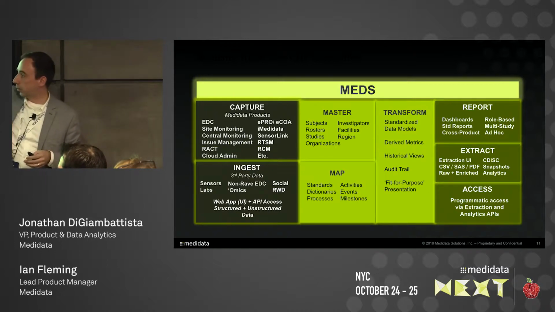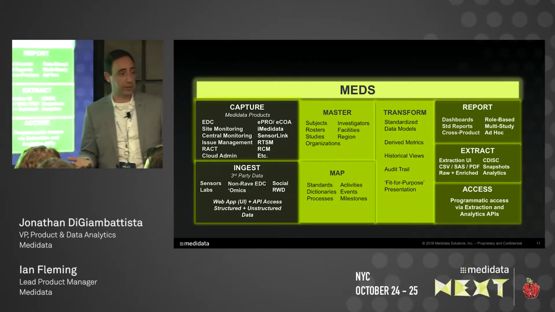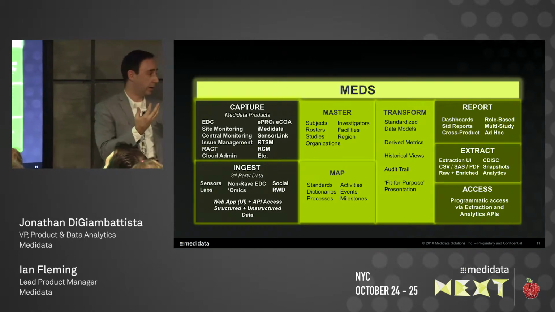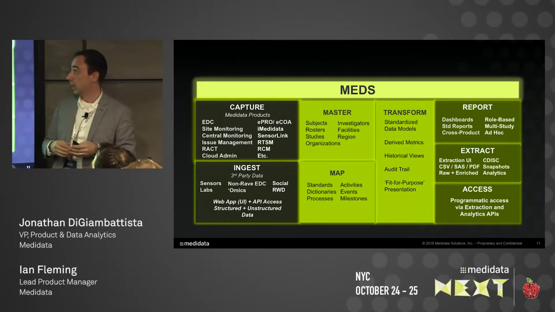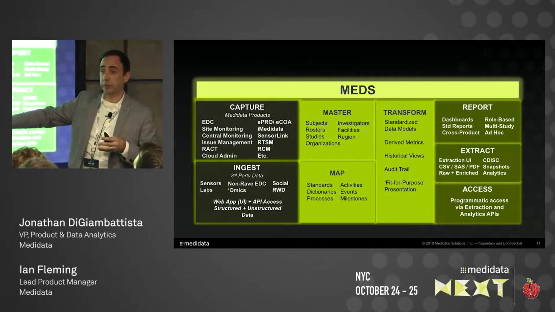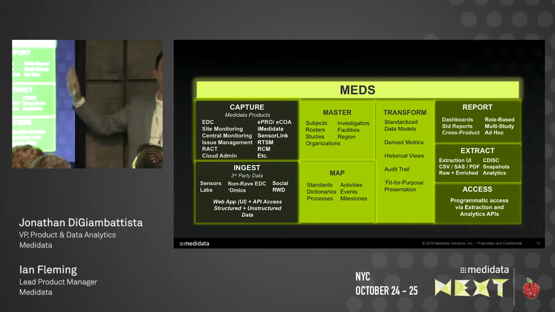This highlighted part in the middle where we're storing all of the master data, where we're mapping the data to standards and getting good semantic understanding of what is contained in that data. That is absolutely essential for us to get to the transformations that are required to power everything that would be required downstream.